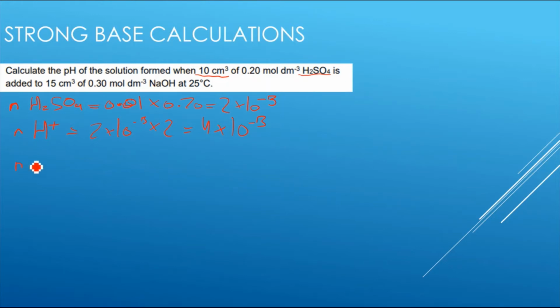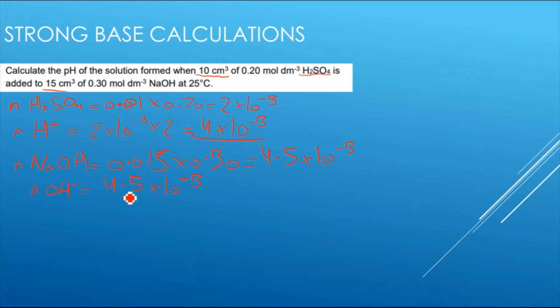Now we would find the moles of NaOH, which will be 0.015, so it's 15 centimeters cubed, times 0.30, which will get us the moles, 4.5 times 10 to the power of minus 3. Since it's just NaOH, the number of moles of OH minus would simply be 4.5 times 10 to the power of minus 3.